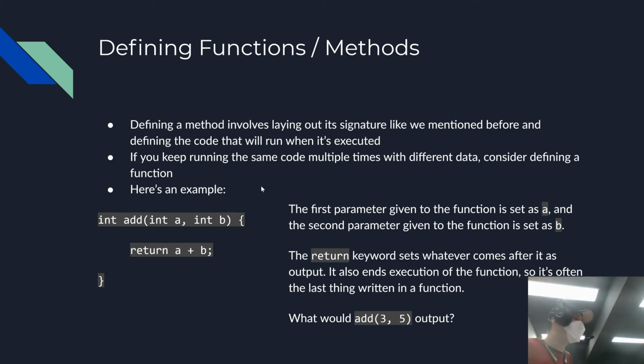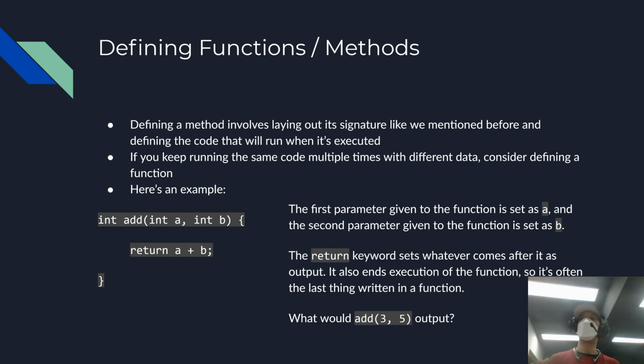When should you define a function? Basically, if you find yourself copying and pasting the same code, don't do that. Write a function with that code inside it and just use the function. That will make life easier for you. Okay. There are also other situations where your response should be, oh, I should make a function for this, but we're going to cover that later.